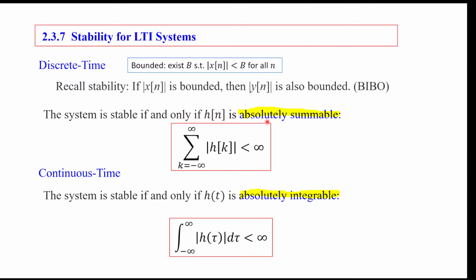Absolutely summable is a condition on the impulse response, which characterizes the system, but it's also just a function, like a signal. So there is a difference between the relationship between x and y, and the condition of being absolutely summable or integrable.